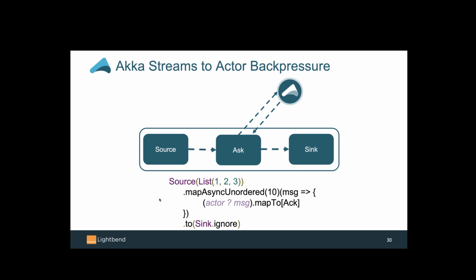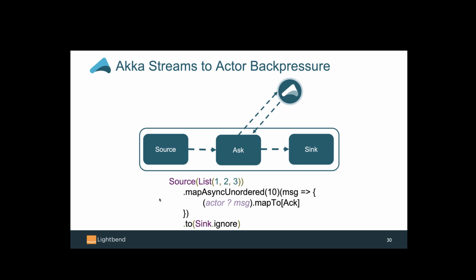By introducing a parallelism of 10, so you can see map async unordered 10, we have the ability to have 10 messages out to actors at the exact same time. Then we're waiting for all those responses to come back, and as one comes back, it'll move downstream, and we'll be able to pull another message in from the source.